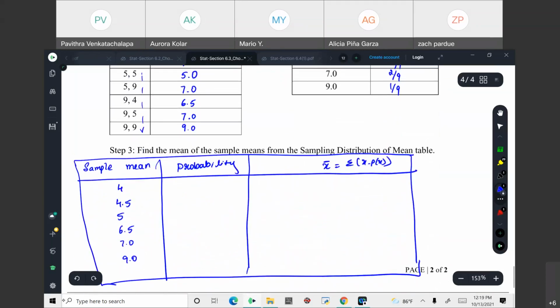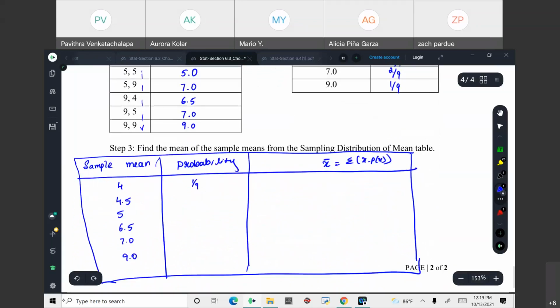Okay, and the probabilities are 1 over 9, 2 over 9, 1 over 9, 2 over 9, and 1.